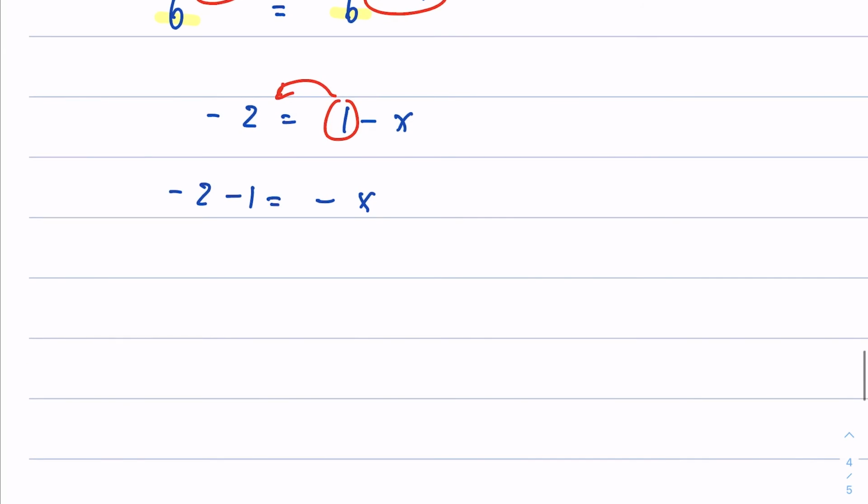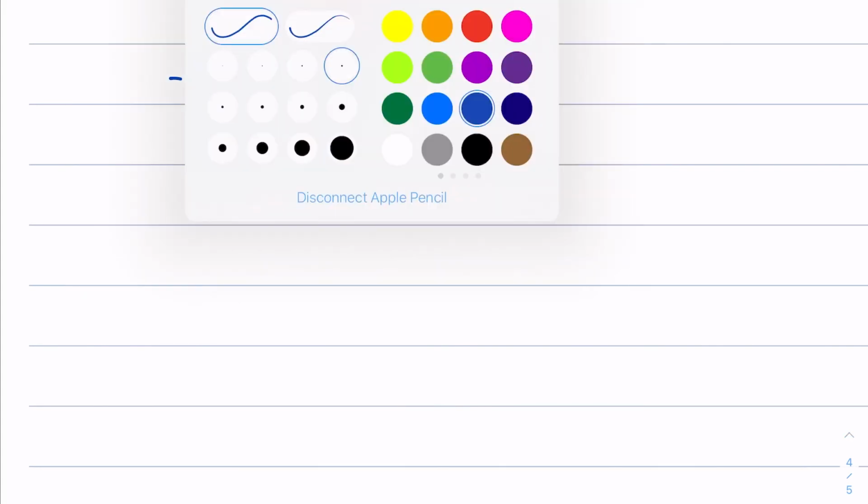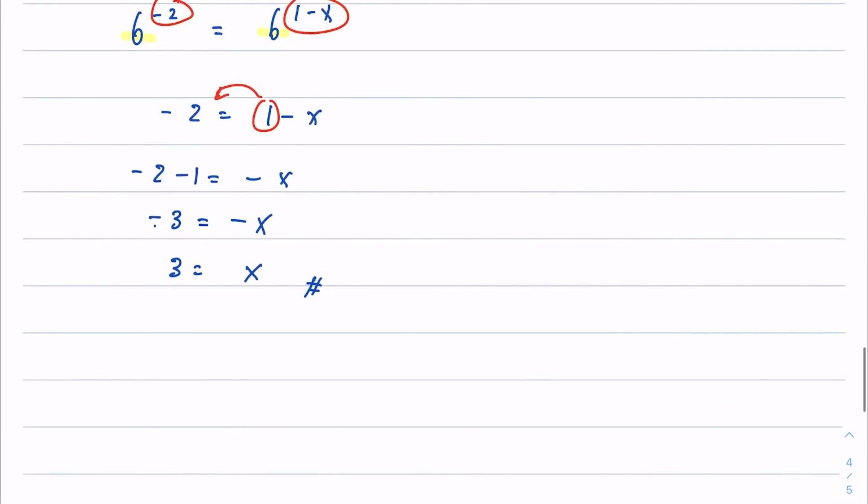Minus 2 minus 1 gives you minus 3. Since you have a negative on both sides, you can remove the negative sign, thus giving you 3 equals x.